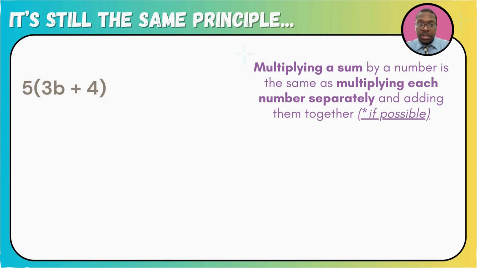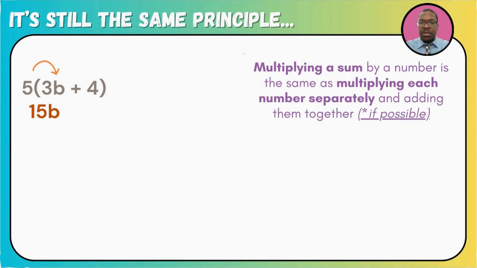5(3b + 4), which is basically 5 times 3b plus 4. Now, if we use distributive property, the first thing we would multiply is 5 times 3b. Well, 5 times 3b would give you 15b, because 5 times 3 is 15.